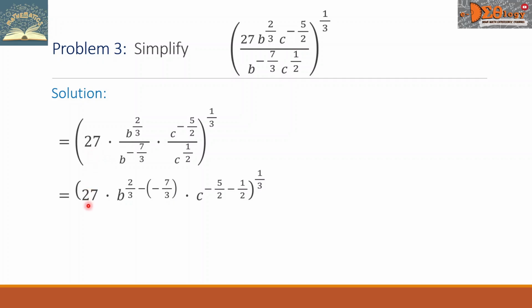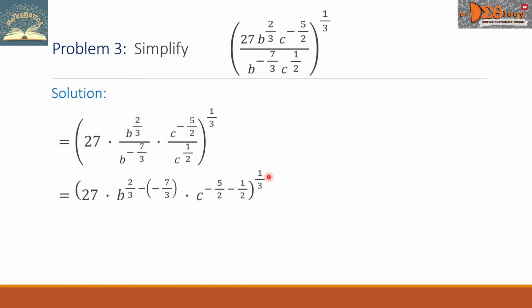For the 27, there is no change. For the b, we apply the rule. So we have b raised to 2 over 3 minus the negative 7 over 3, times the variable c raised to the negative 5 over 2 minus 1 over 2, all raised to the power 1 over 3.